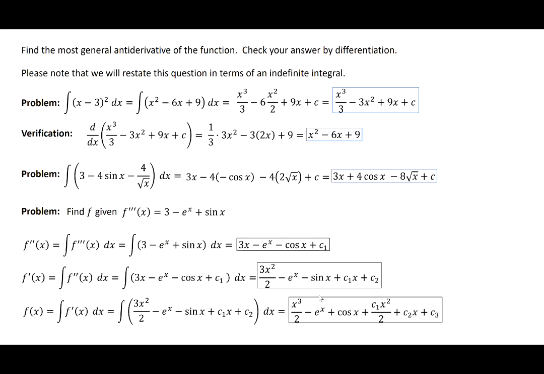You will be given what's called acceleration, and you are expected to find the position. To do that, you integrate acceleration, you get velocity or speed. And then you integrate the speed, you get position. So this kind of stuff is useful in many, many places.